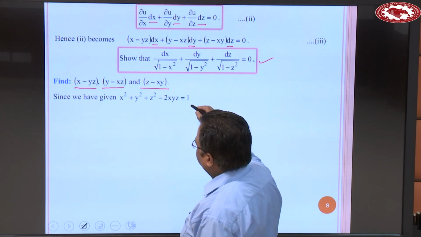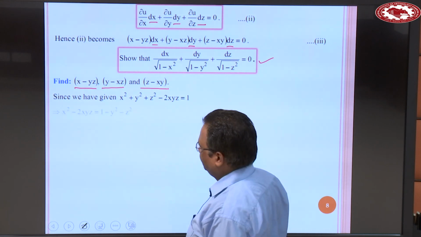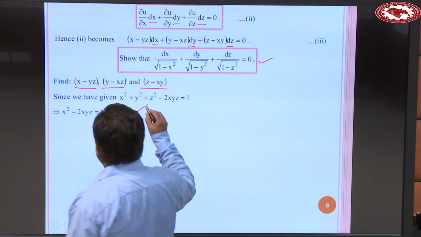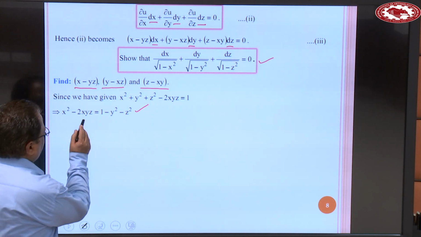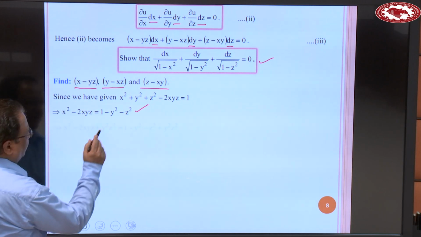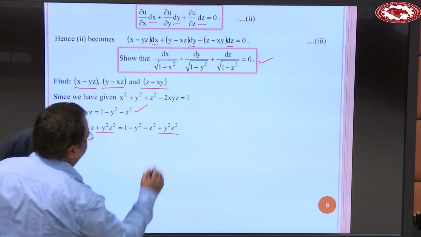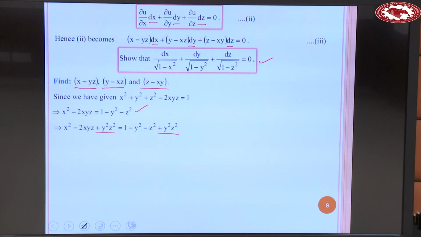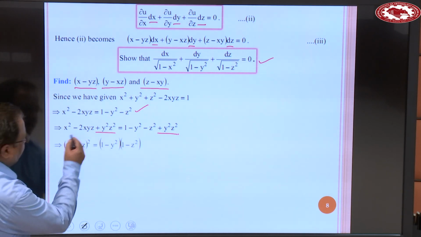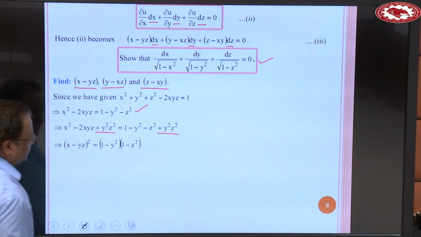We know that x² + y² + z² − 2xyz is equal to 1, and this expression can be written as x² − 2xyz = 1 − y² − z², adding yz squared on both sides. Now, this left side is (x − yz)² is equal to (1 − y²)(1 − z²).